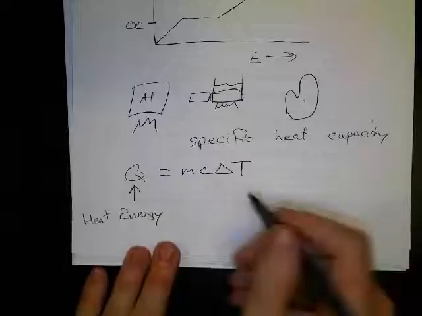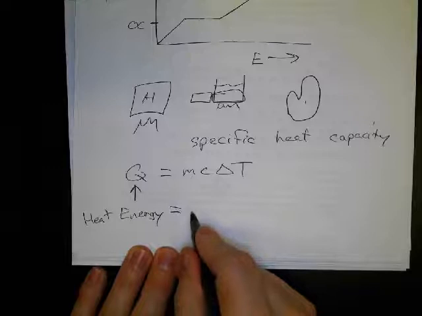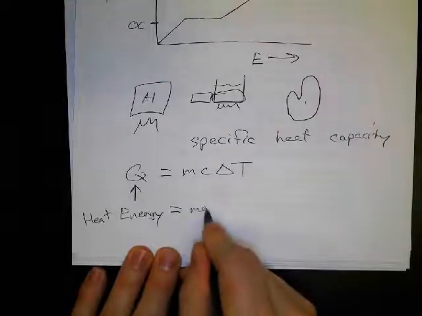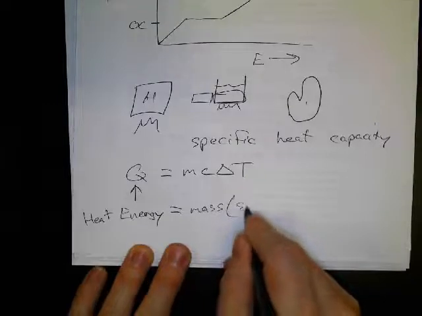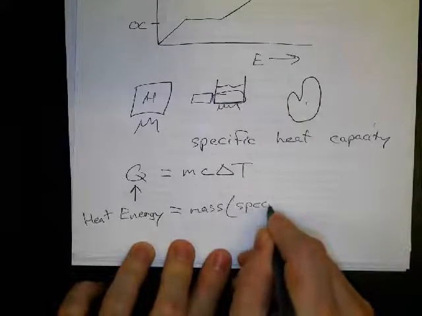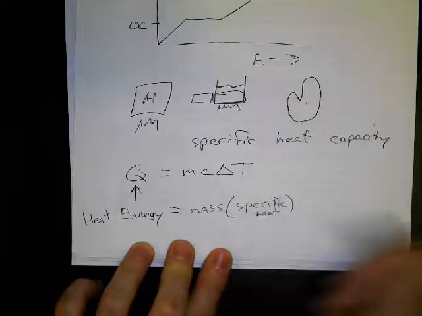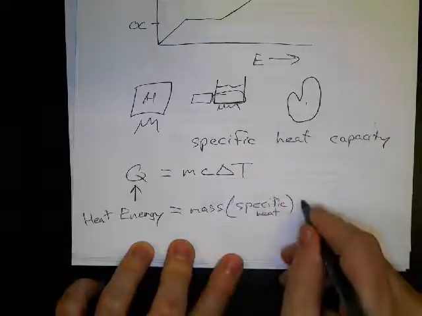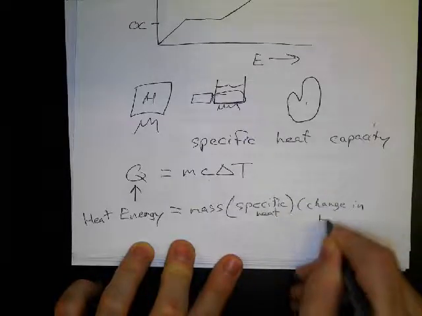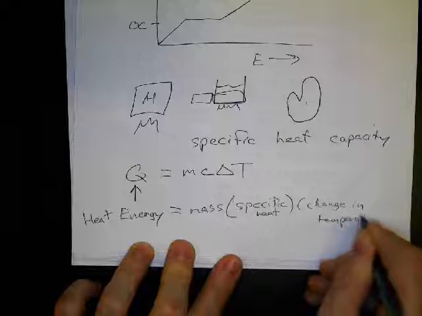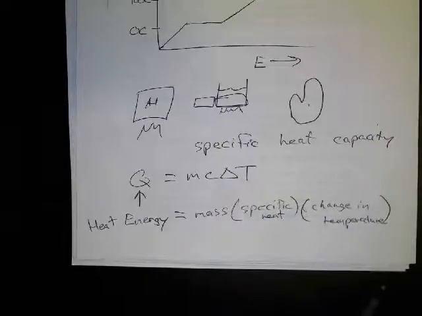Okay, so heat energy will be based on the mass. M is for mass. The C there is the specific heat capacity, sometimes just called the specific heat, and the delta T is the change in temperature. Delta means change, T for temperature. All right, and this is an equation.